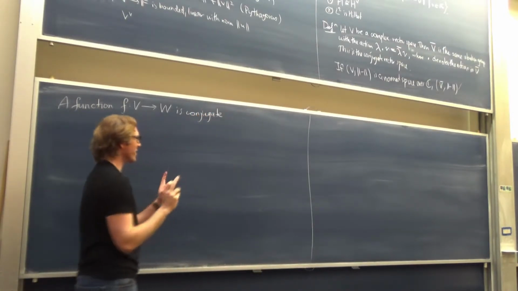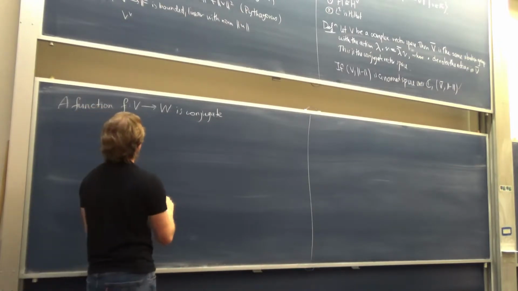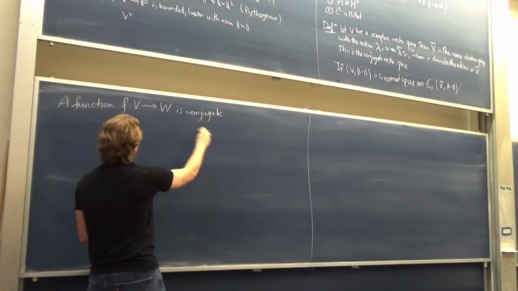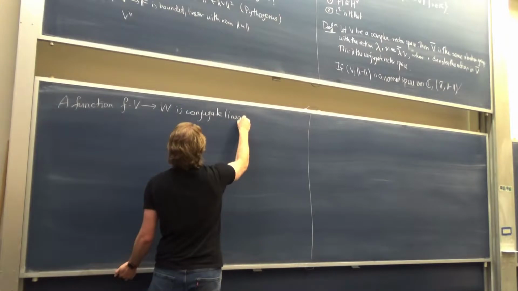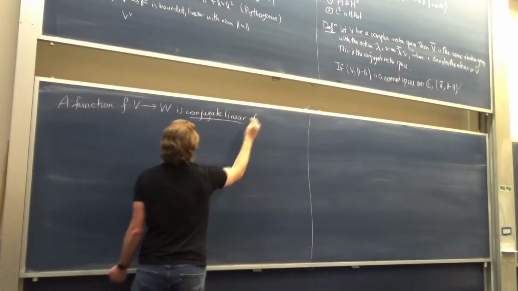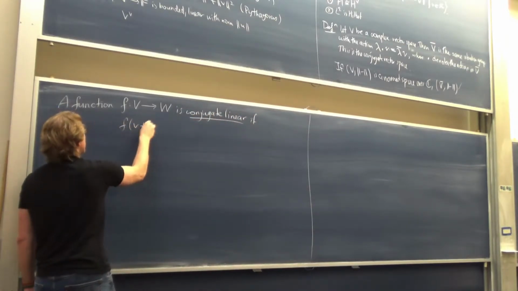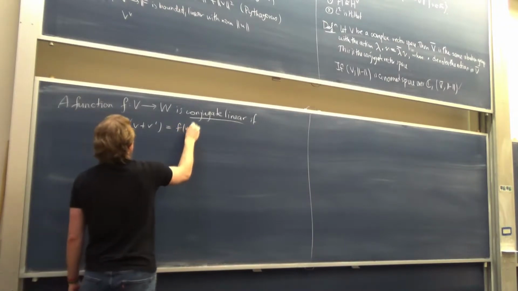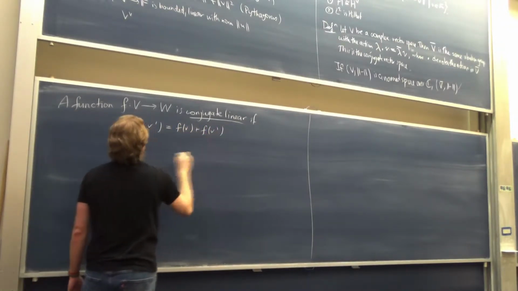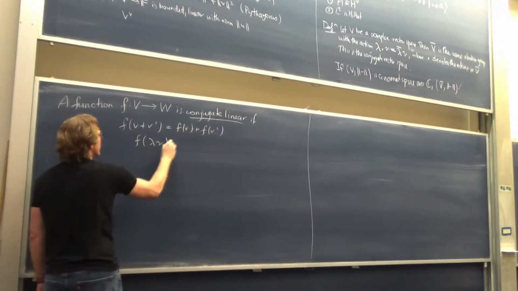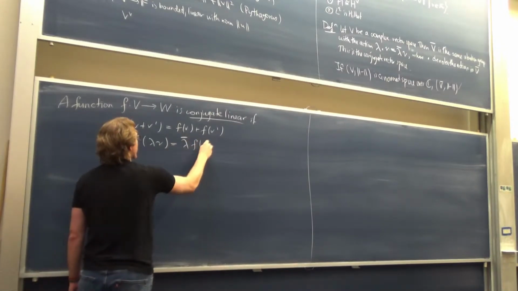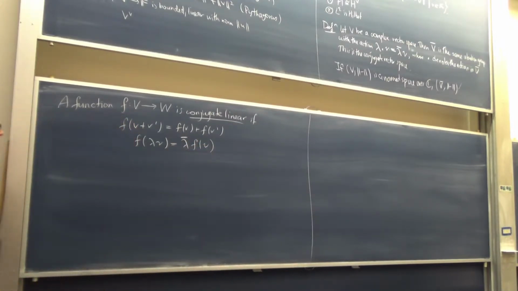I need to say the words conjugate linear once to define what I mean. So a function is conjugate linear if it's additive and it sends scalar multiplication by lambda to scalar multiplication by lambda bar. Okay, V and W, as I said, are both complex vector spaces.